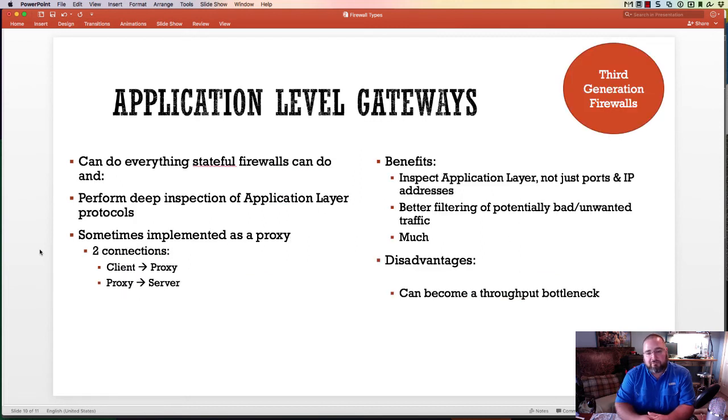The last level of firewall that we see as far as firewall generations is third generation firewalls, which are application level gateways. Application level gateways can, in many respects, do everything that a stateful firewall can do in modern times, but they have the one distinguishing difference that makes them, I don't always want to say better, but different than the others, in that they can actually drill down into the application layer related information.